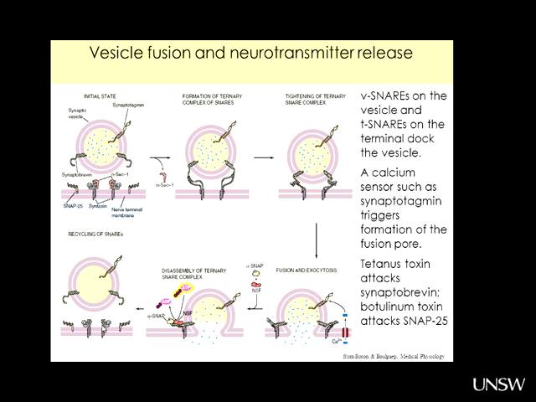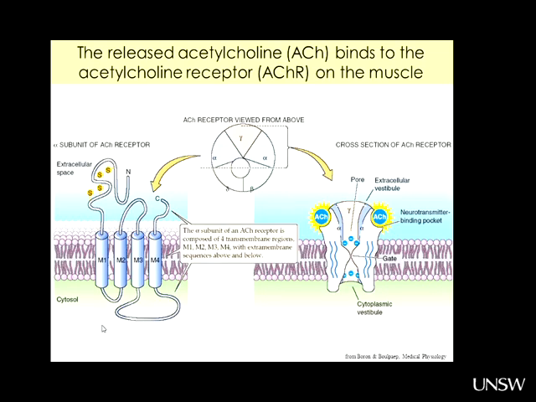Alright, so that's the presynaptic side. Postsynaptic side, we've got a whole new cell. The plan is kind of the same, whether it's central or peripheral synapse. We've got to have a ligand-gated receptor, okay?